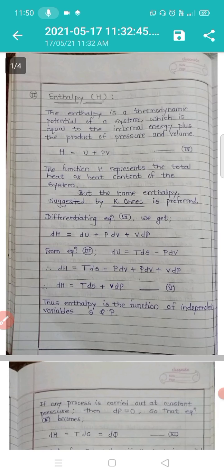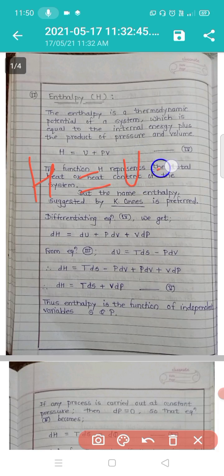The function H represents the total heat. Enthalpy is represented by capital H and is given by the internal energy U plus the product of pressure and volume, H = U + PV. The name enthalpy was suggested by K. Onnes.